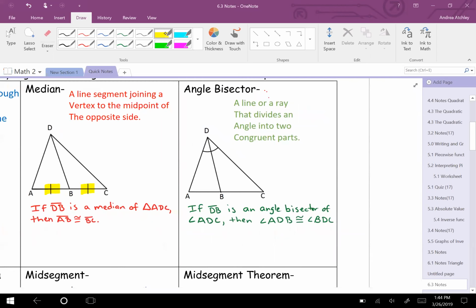Again, with this one, for you to be able to determine if this is an angle bisector, you need those congruency marks to show that those two things are congruent. Any questions over that? We're good?